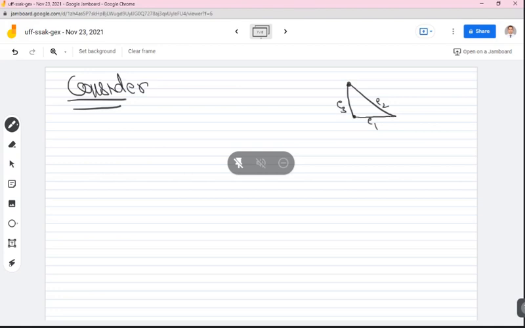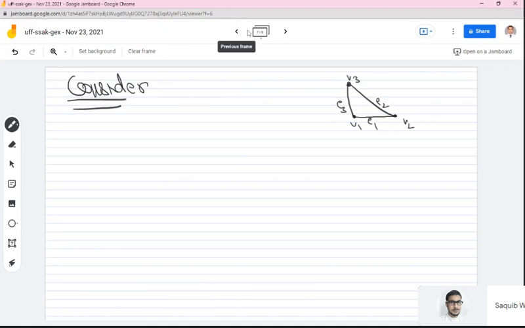These are three vertices here, V1, V2, and V3. There are three edges, E1, E2, E3.